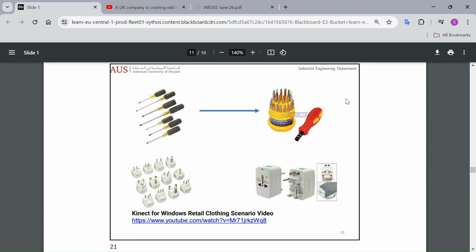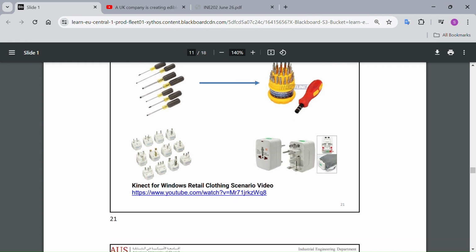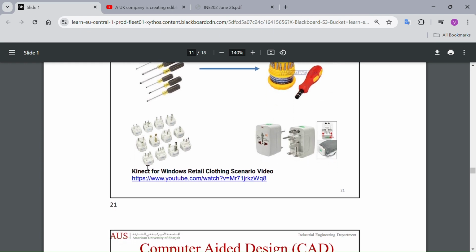Now someone thought, why not have it in one screw and have different sizes which we can directly plug. I love this. Then we had different types of plugs, and it was a bit messy for those maybe traveling or having more than one type of socket. So one asked, why not develop a universal socket for all types of electricity plugs, and this is used for traveling, and also these people travel a lot.